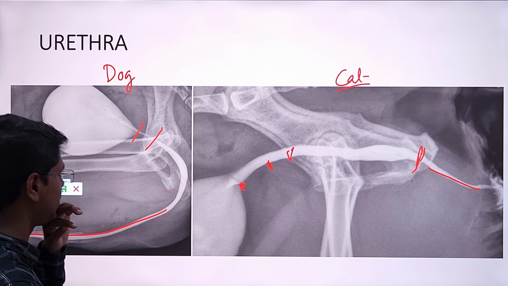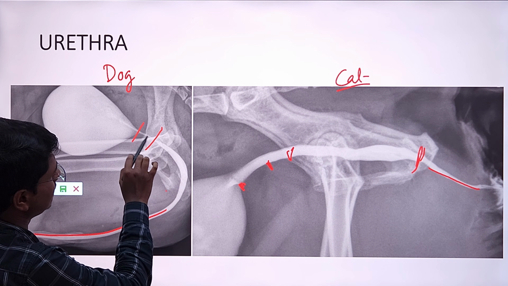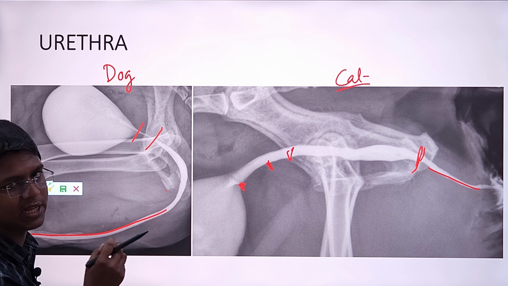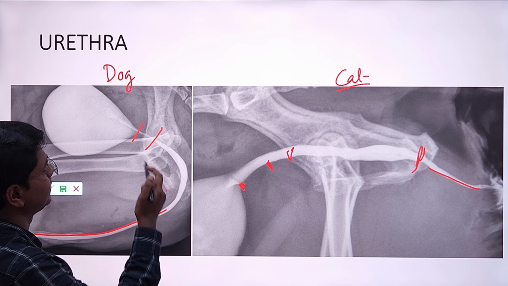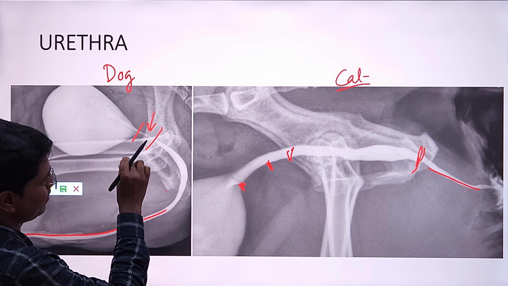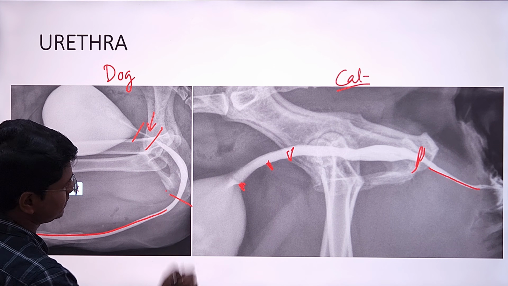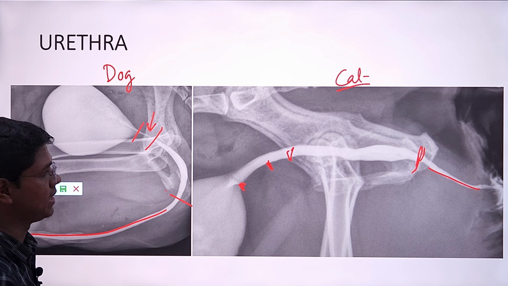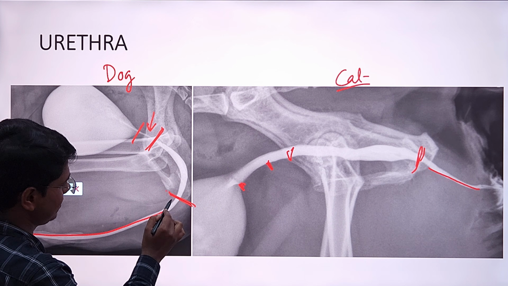You have to remember that here the prostatic part is not adequately dilated. So the prostatic urethra usually has a larger diameter than the membranous urethra. This is prostatic, this is membranous, this is penile.